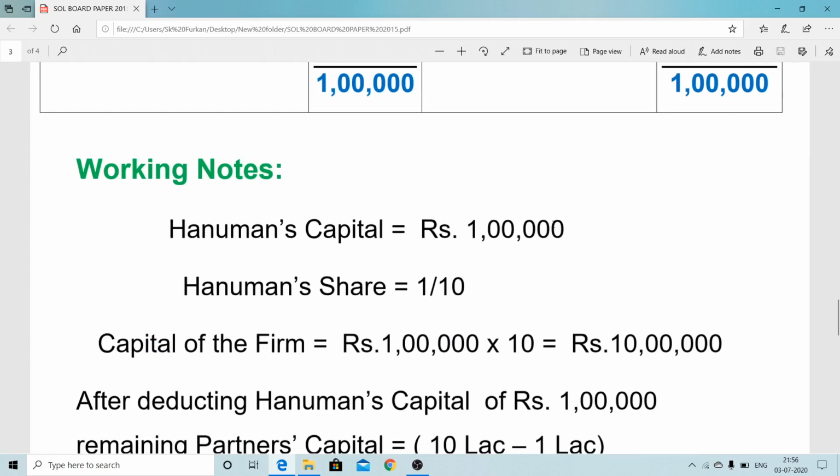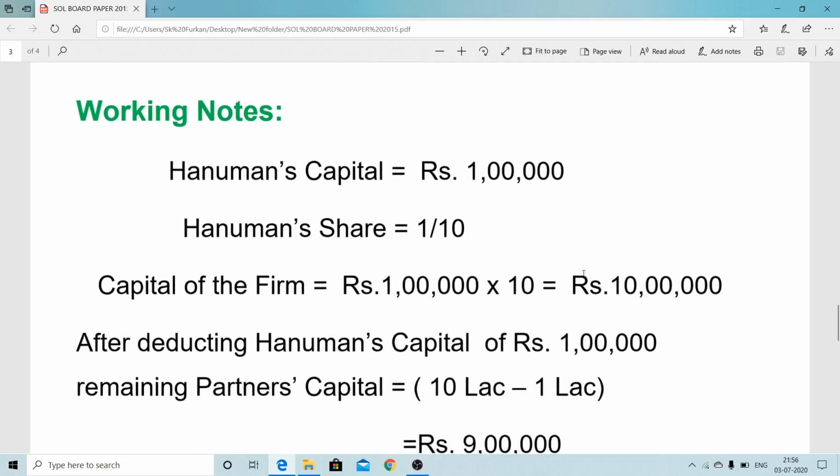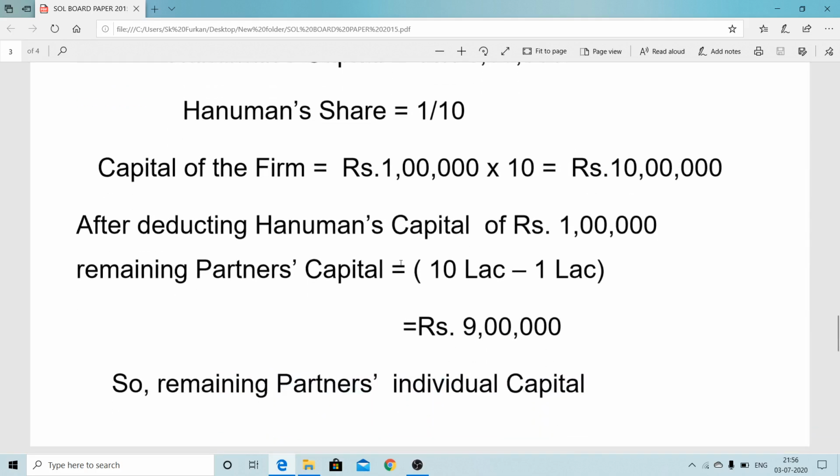The incoming partner contributed 1 lakh rupees for a 1/10 share. Now if he wants to buy the entire firm, how much should he pay? Now 1 lakh into 10, that is 10 lakh has to be paid. Now out of 10 lakh, Hanuman's capital 1 lakh, if you minus, that is 9 lakh coming as the old partners' capital. So that way 9 lakh is the old partners' capital.